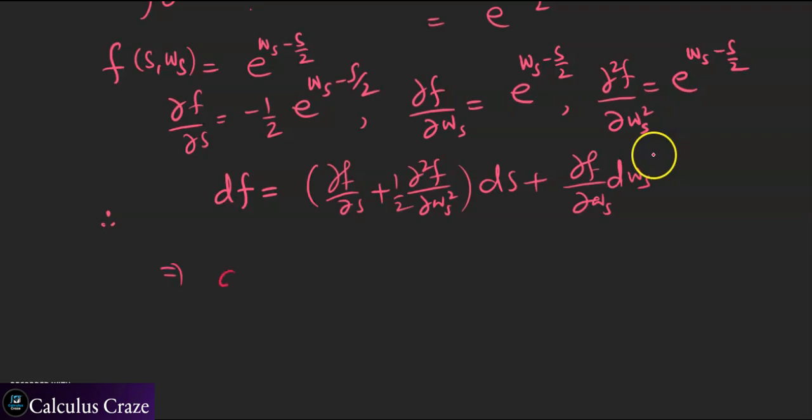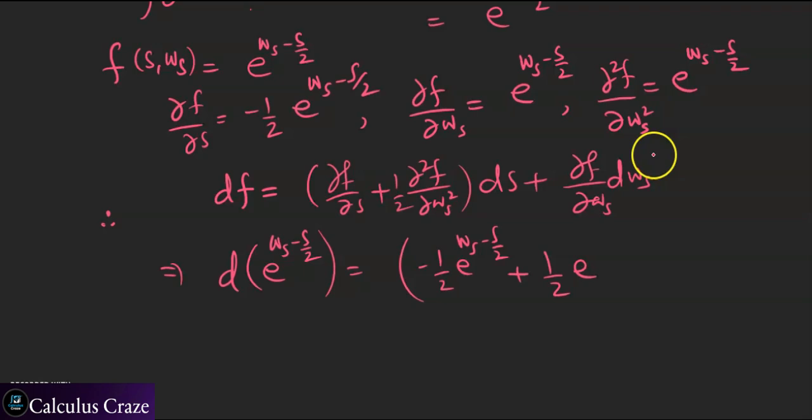So my d of e to the w sub s minus s by 2 is equal to minus 1 half e to the w sub s minus s by 2, plus 1 half e to the w sub s minus s by 2, ds, plus e to the w sub s minus s by 2 dw sub s.